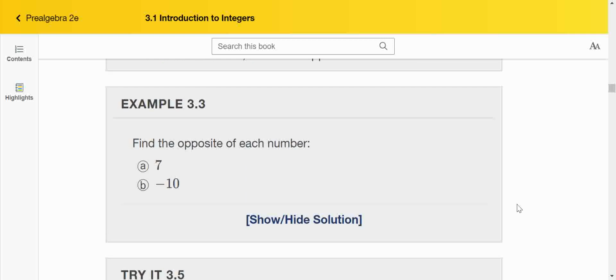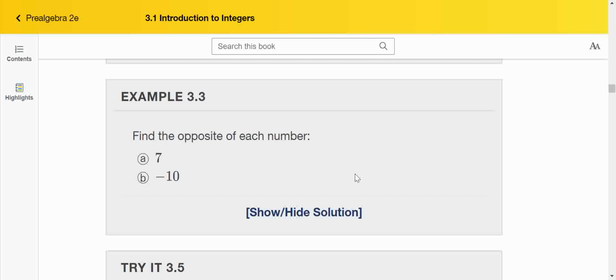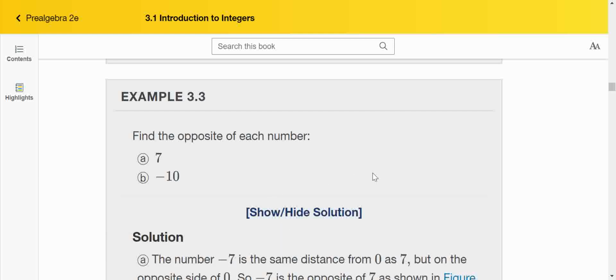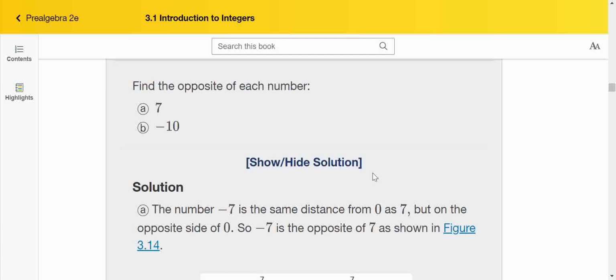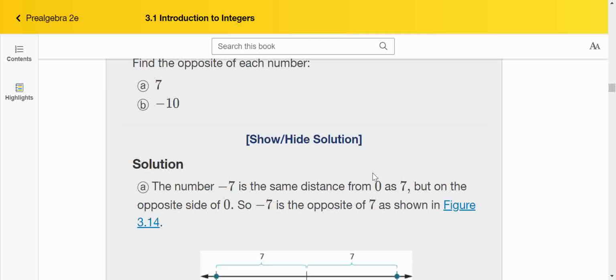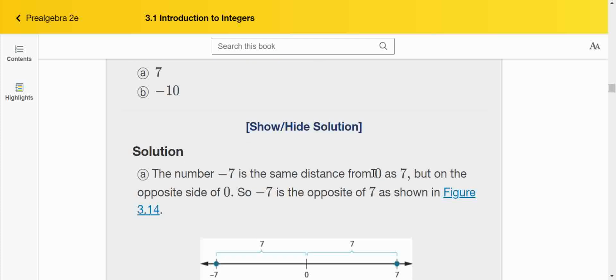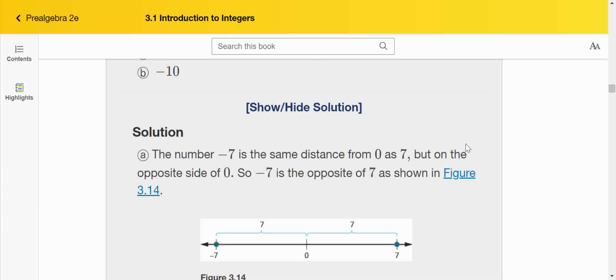Example 3.3. Find the opposite of each number. A is 7 and B is minus 10. Solution. A. The number minus 7 is the same distance from 0 as 7, but on the opposite side of 0.